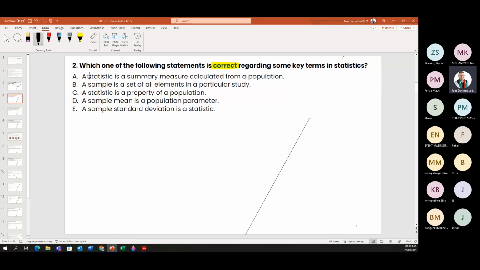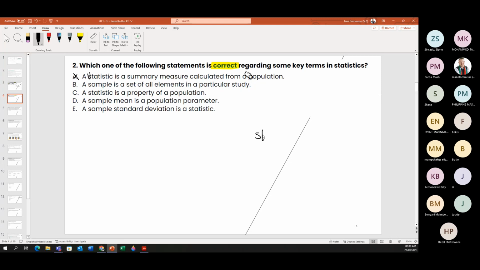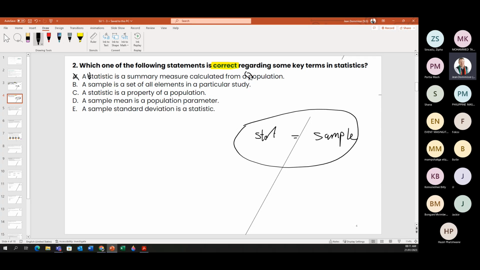A statistic is a summary measurement calculated from a population. Incorrect. Okay, so statistic, like in the previous one, goes with a sample. I will just nearly every time write it down as statistic with sample.